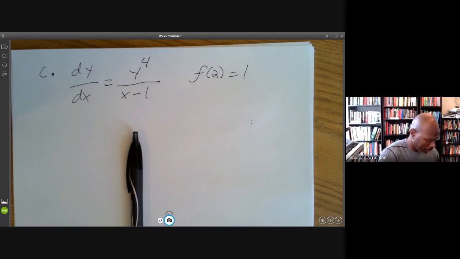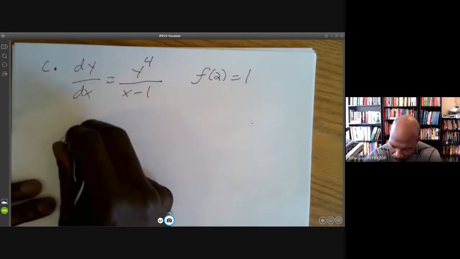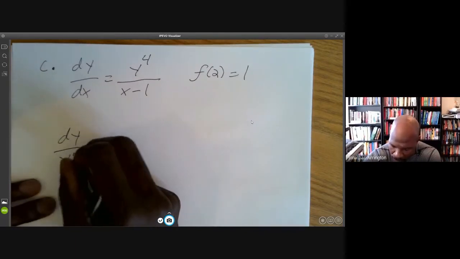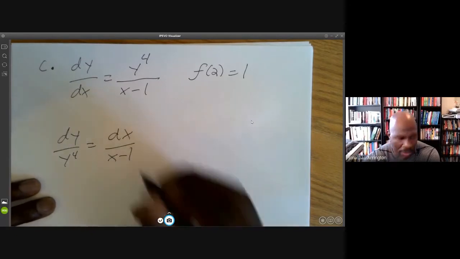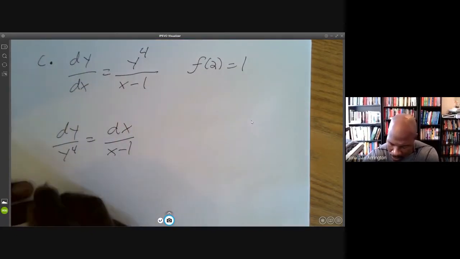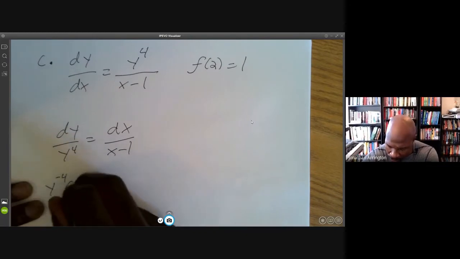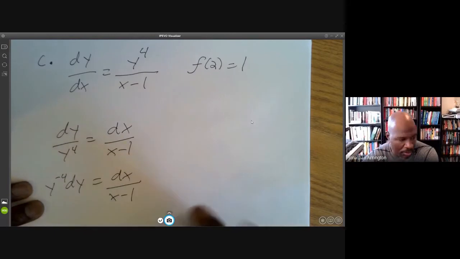Back to the problem. All right, so let's go ahead and separate. So dy over y to the 4th is going to equal dx over x minus 1. Let me move this term up here and make it y to the negative 4th, dy equals dx over x minus 1.